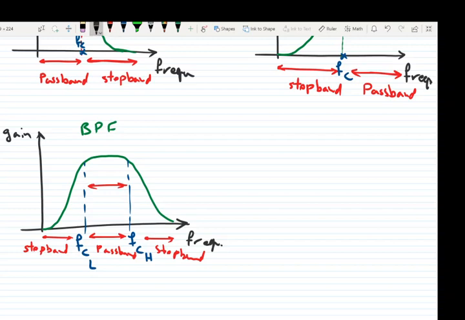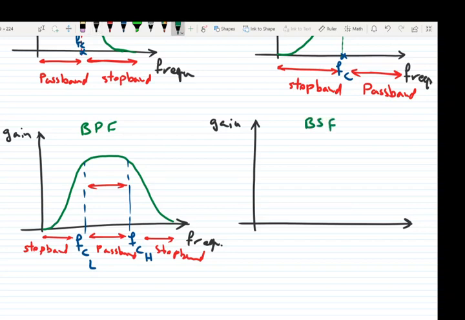The last type of filter is band stop filter. What is band stop filter? Also, it has two cutoff frequencies, and here is band stop.